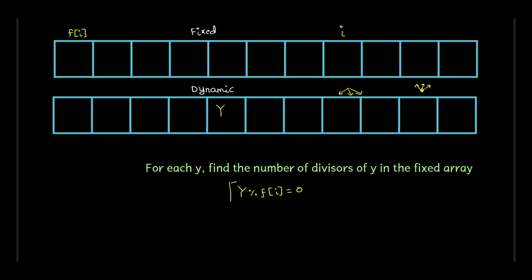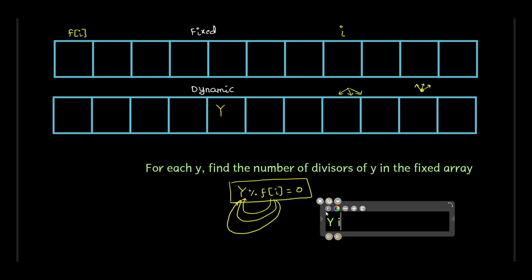There are multiple ways to read it. This means that f of I divides y. Second interpretation is that f of I is a divisor of y. Third interpretation is that y is a multiple of f of I. This is the most important interpretation. It's just a different way of looking at things. So y is a multiple of f of I.